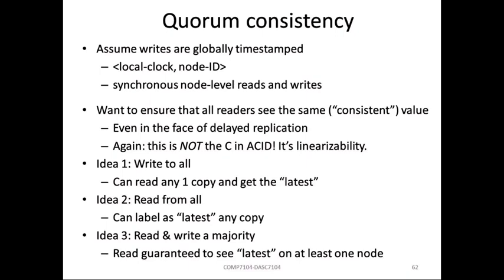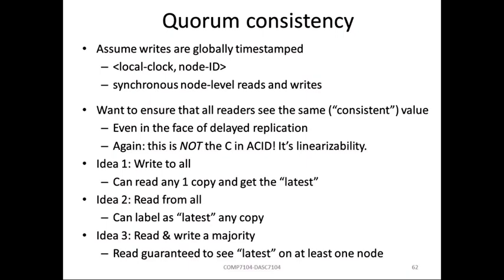Whenever we write to a record, we do it not to just one copy of that record, but to all of them. And therefore, if one needs to read that record, it suffices to read just one copy and get the latest consistent value.